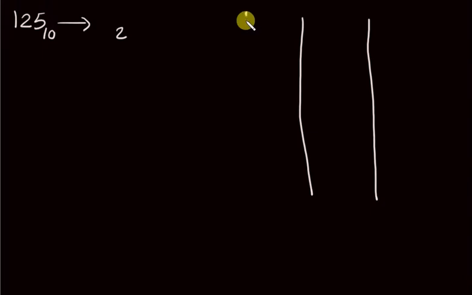I will put 125 here, our decimal number which we want to convert to binary, and this is going to be our remainder, which is going to be the actual number. You put your decimal number in the first place, then your base in the second place, and then your remainder in the third place.